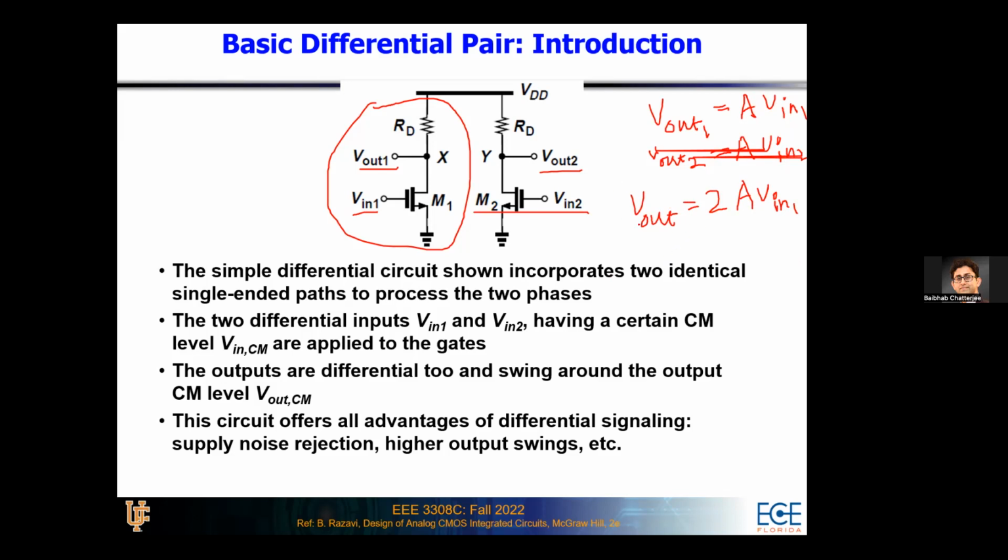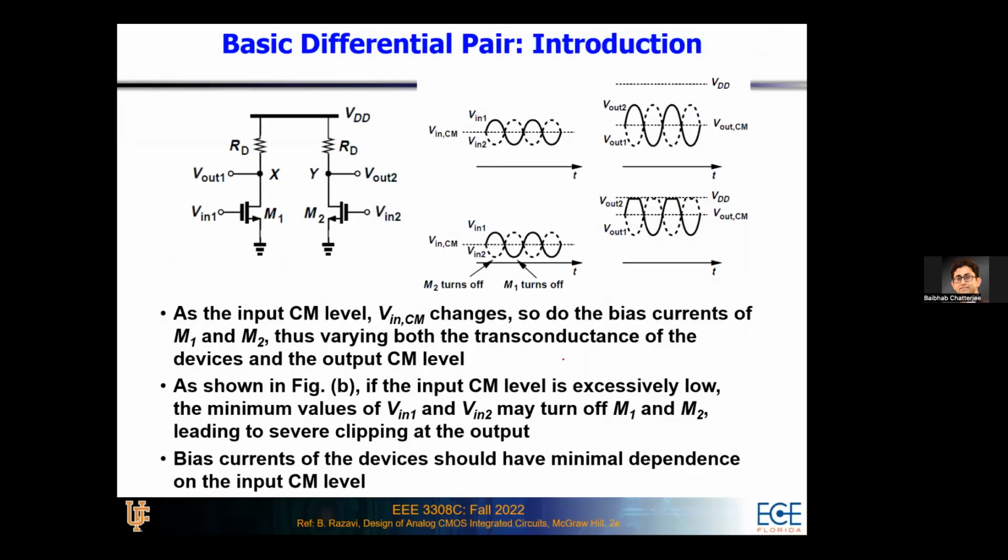That would be the final output in this. You can also represent it as A times Gain1 minus Gain2, because Gain1 minus Gain2 is equal to 2 times Gain1 because of the differential nature of it. So this is the basic differential pair.